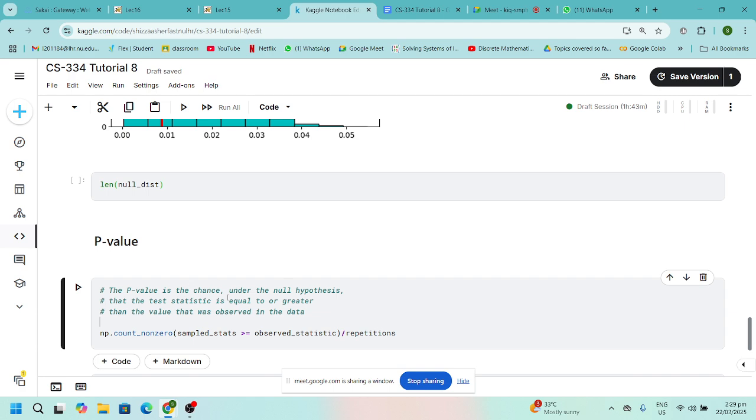So the p-value is the chance under the null hypothesis. When you say under the null hypothesis, it means assuming that the null hypothesis is true. In this case, it means assuming that Mendel's model works. All right, so the p-value is the probability under the null hypothesis that the test statistic is equal to or greater than the value that was observed in the data.